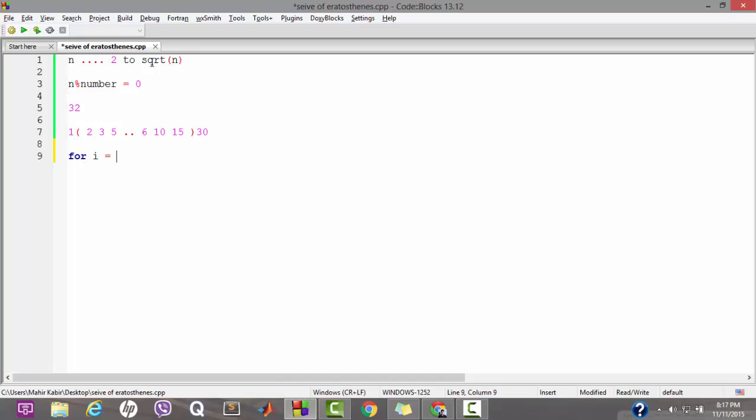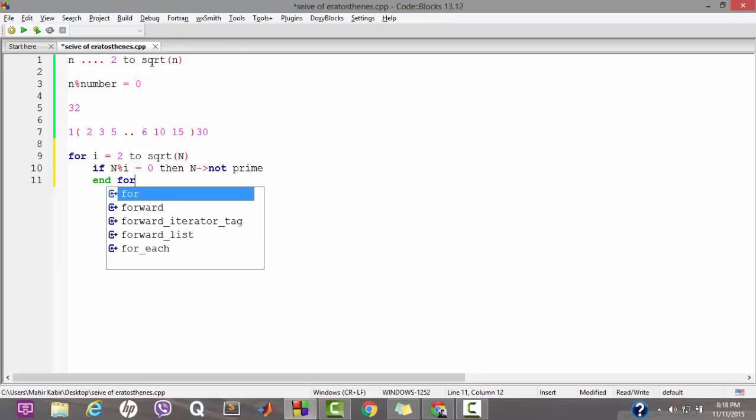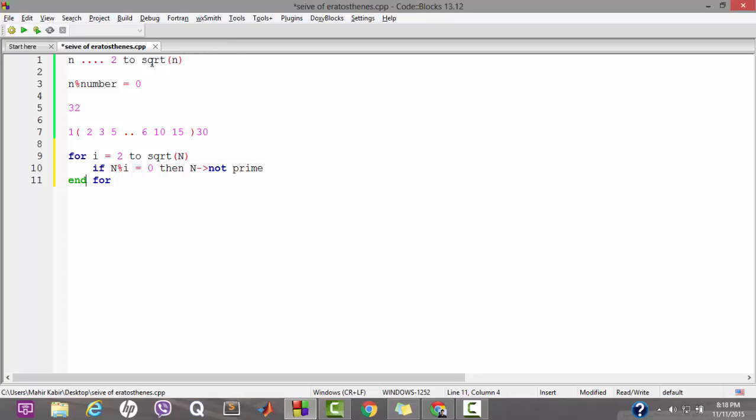Means for i equal 2 to square root of n, we'll check if n mod i equals 0, then n is not prime. If we don't find such a case, then we will call n a prime.